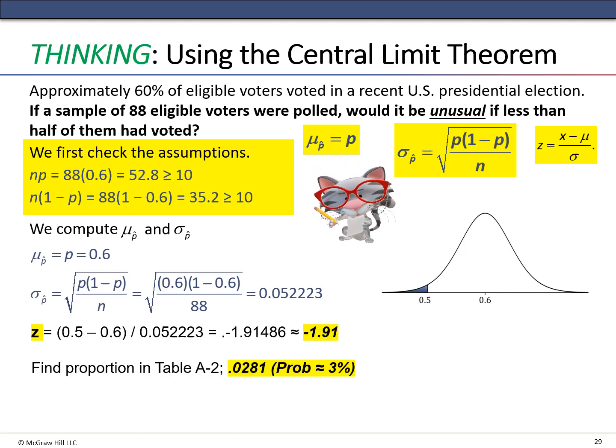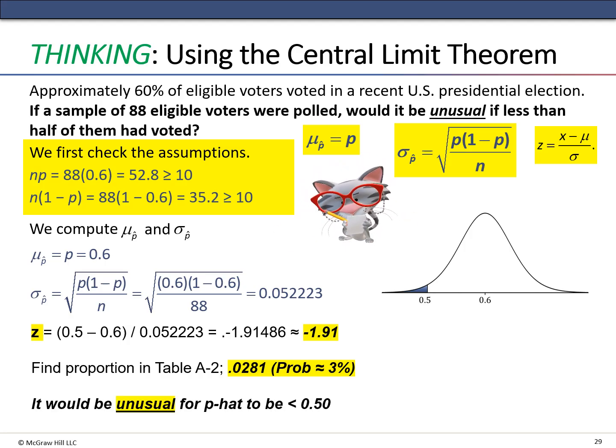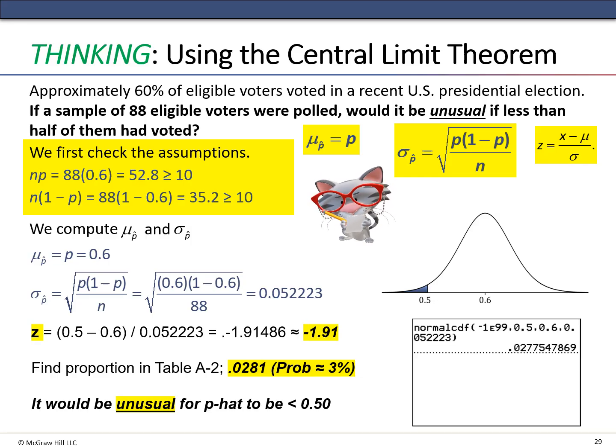Again, remember it's unusual if it's less than 0.05, so it would be unusual for the p hat to be less than 50%.